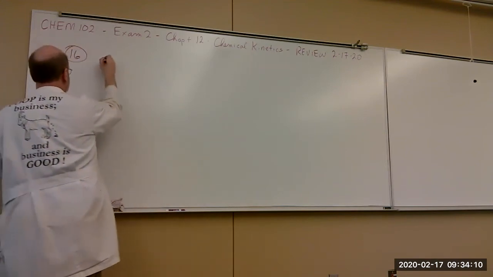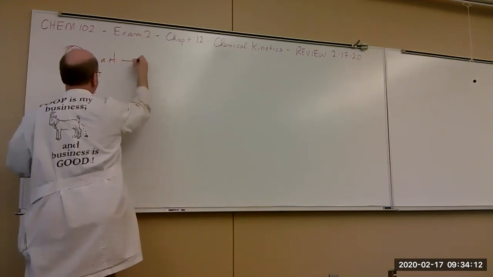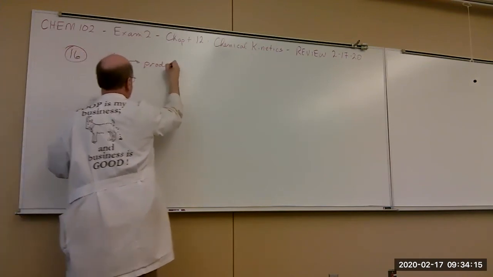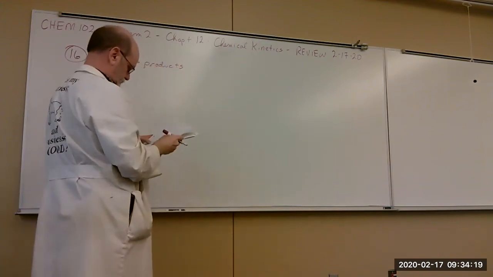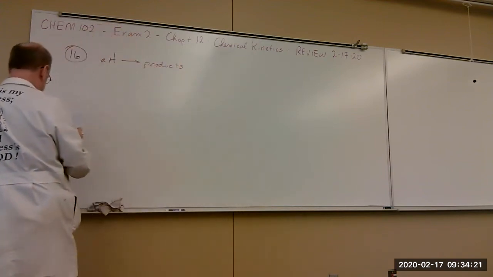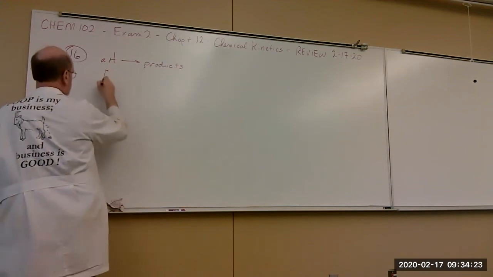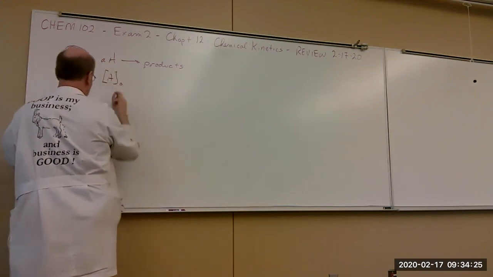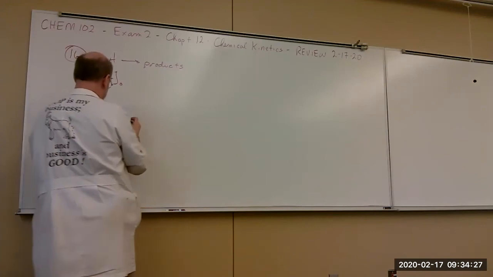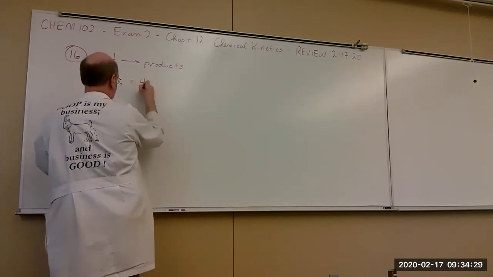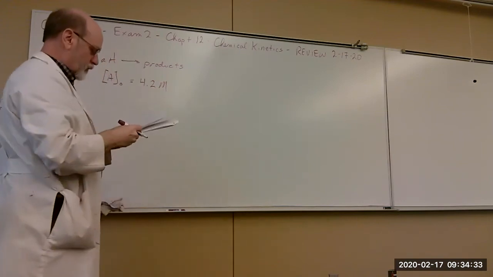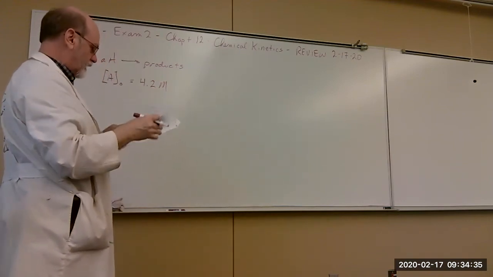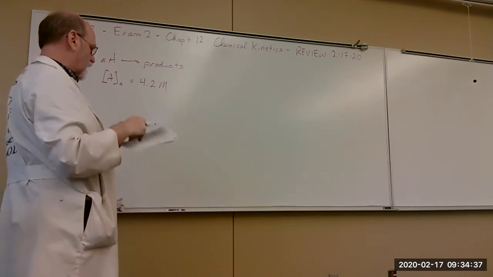So we've got a situation where we have this one yield products, sort of a generic. And we're saying the initial concentration of this reaction is equal to 4.2 molar. Okay? The first two half-lives are 56 and 28 minutes.